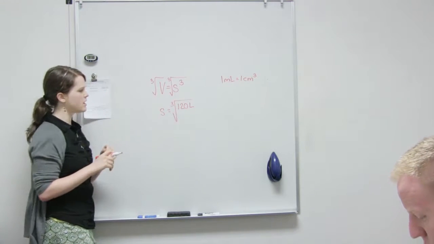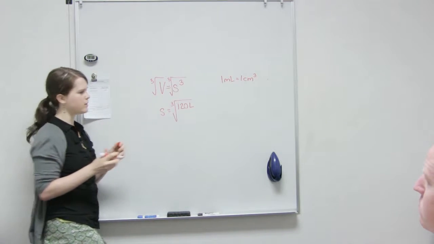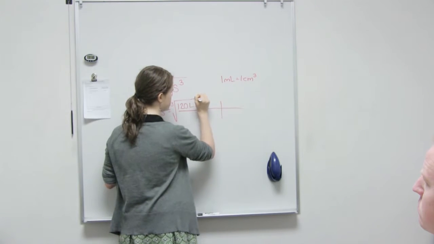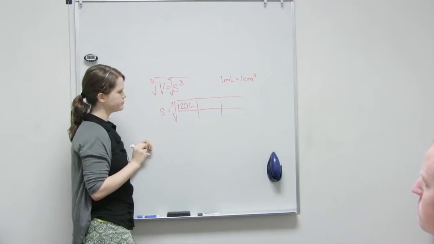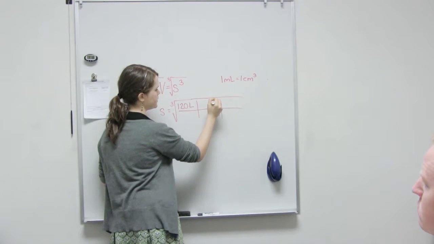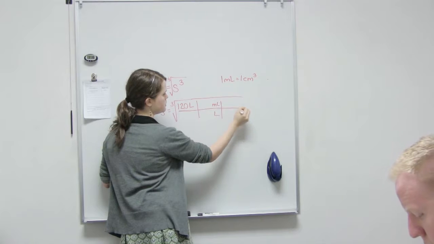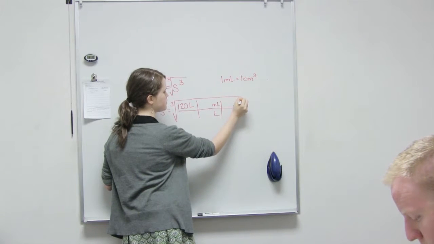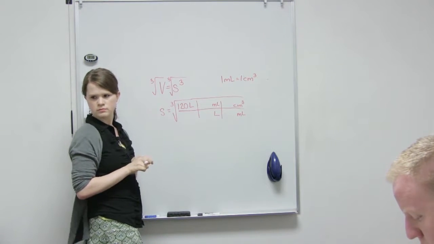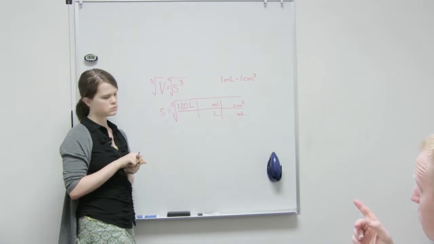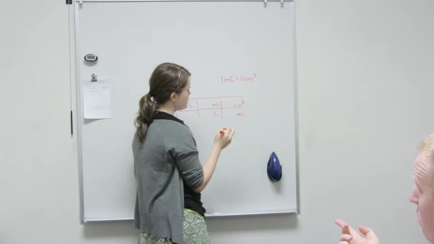Okay, you understand picket fences? Okay, let's do a picket fence. So we'll go from liters to milliliters, and milliliters to centimeters cubed, and centimeters cubed to meters.